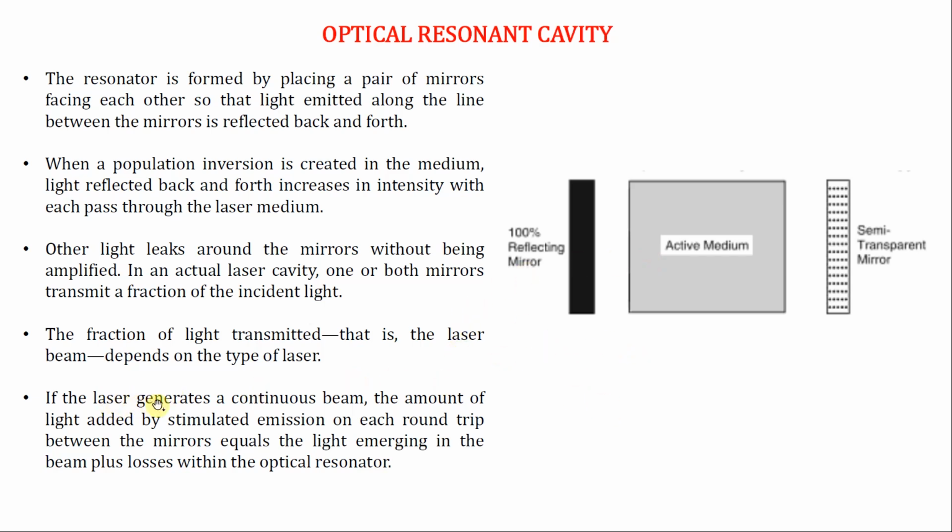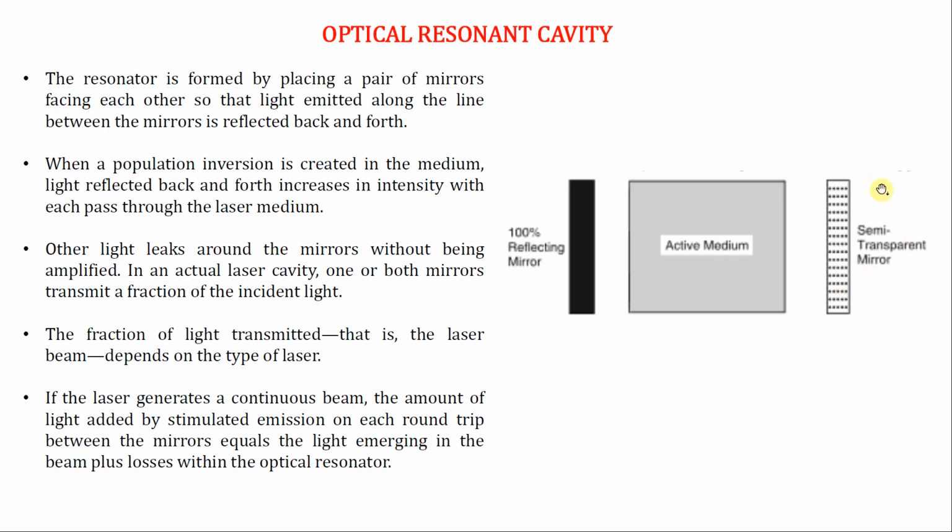Suppose the laser generates a continuous beam, then the amount of light produced by stimulated emission on each trip between the mirrors, as the to-and-fro reflection happens, the total amount of light will be equivalent to the light coming out of the entire system, along with the loss of light which would have happened.